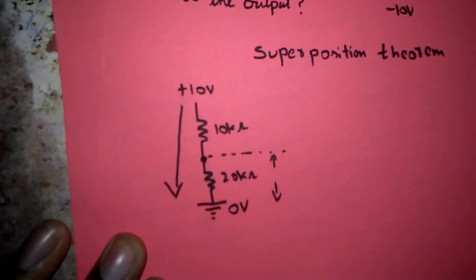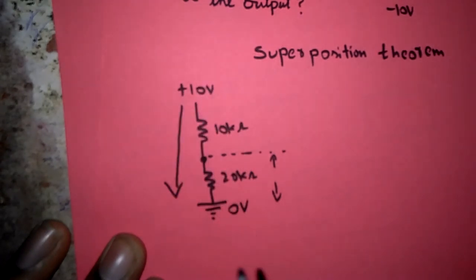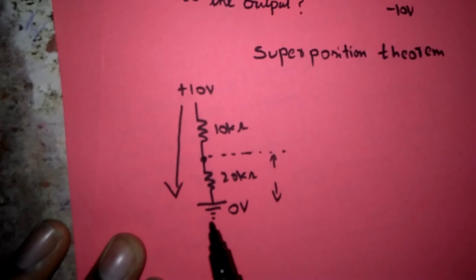I have to calculate the voltage at this point. First we have to take the product of supply voltage and resistance value which is connected between the required point and ground point. Ground is the reference point for measuring any voltage.